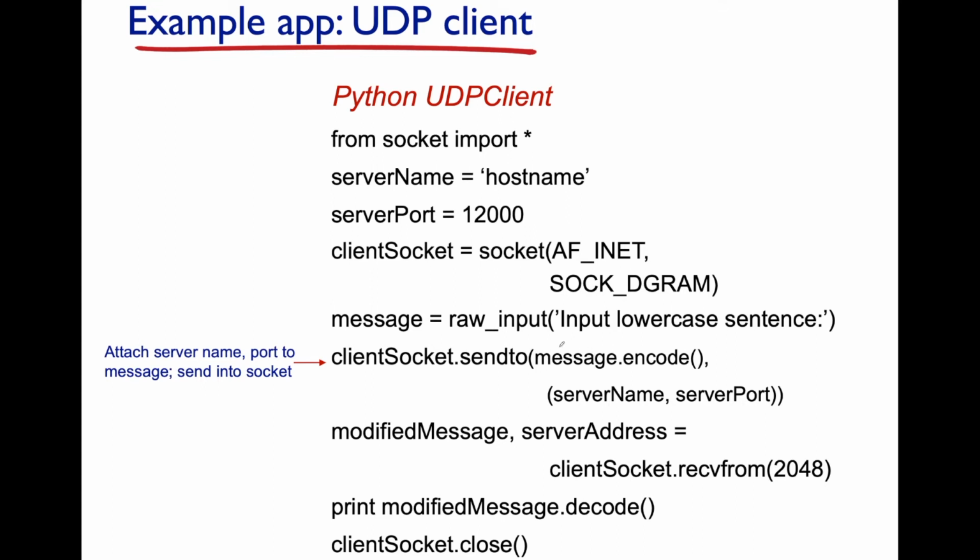So you encode the message in code to make sure that you're converting this ASCII to the right wire format, and then you give the server name where you want this to go, and the port number, the application on that server to which you want it delivered. Now, of course, when you send this, the client socket send is also going to include information about the port number of this application running on the client, as well as the IP address.